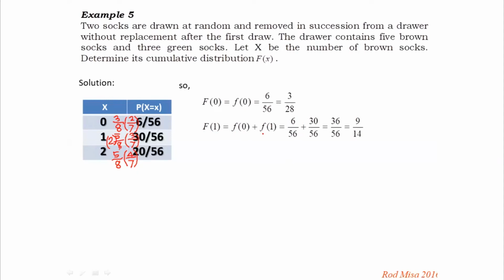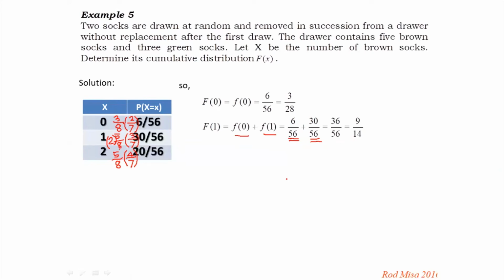We know that the probability of the random variable 0 is 6 over 56, and the probability of the random variable 1 is 30 over 56. Adding these two probabilities, we have 36 over 56, which can be reduced to 9 over 14. So 9 over 14 is our big F of 1, the sum of all probabilities of the random variable from 1 and below.